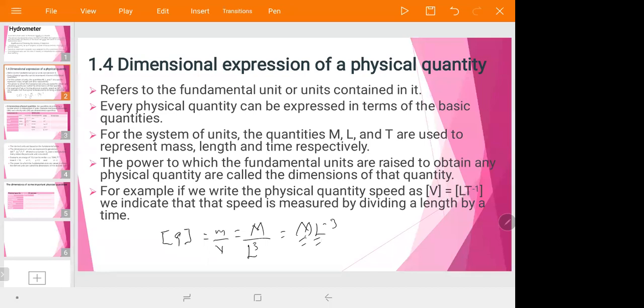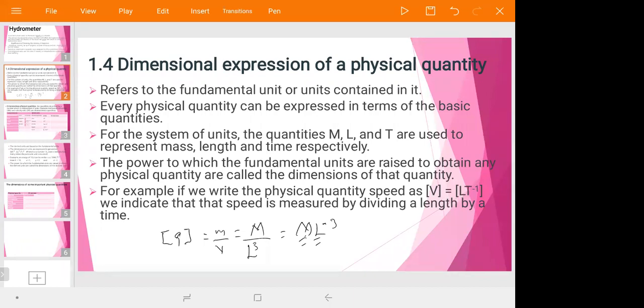Again, length is a fundamental physical quantity or basic unit. So express the basic physical quantities contained in it. When you are talking about the dimension of density, you are talking about the fundamental unit or units contained in the dimension of density.